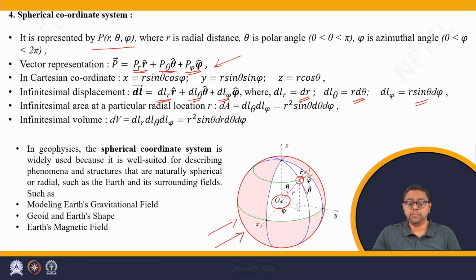Now it is important to note the difference in the infinitesimal displacements as represented in the spherical coordinate system compared to the Cartesian coordinate system. In Cartesian coordinate systems, the infinitesimal displacements would be dx, dy, and dz.